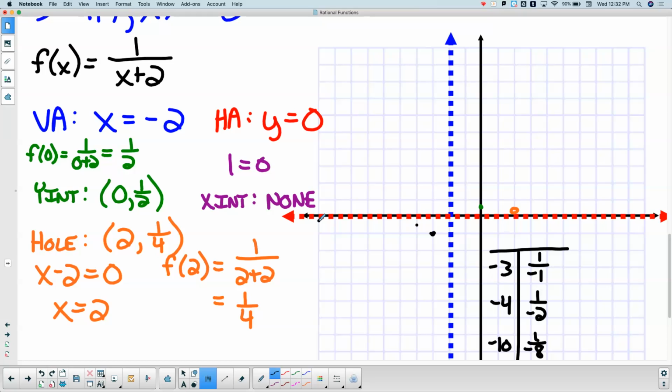And on this side, -1 gives me 1 over 1, which is 1. And let's do 10. 1/12.